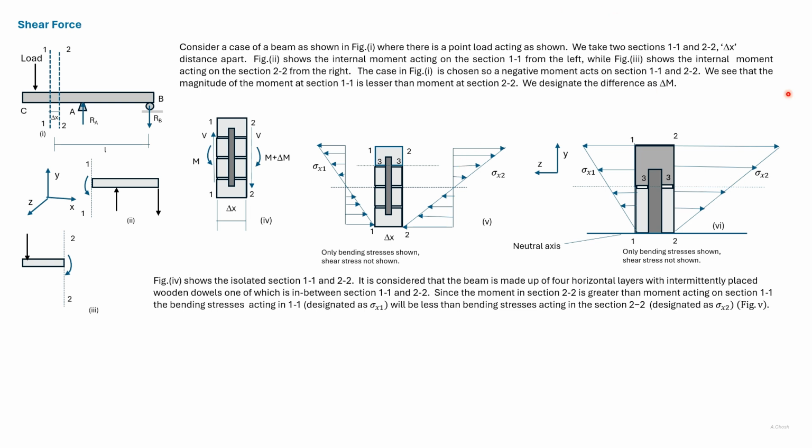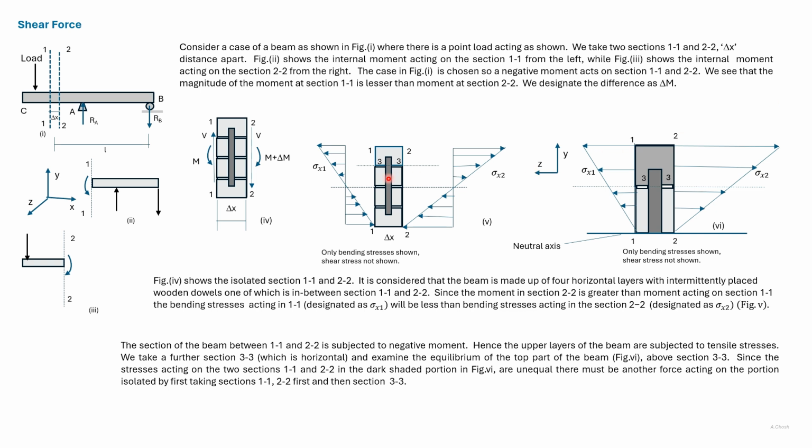In this diagram, the portion above the neutral axis is shown. Now consider third section 3-3, which is taken horizontally. Let us consider equilibrium of this dark shaded portion.